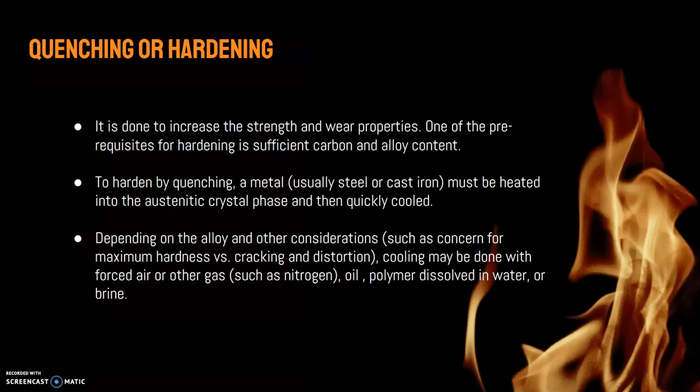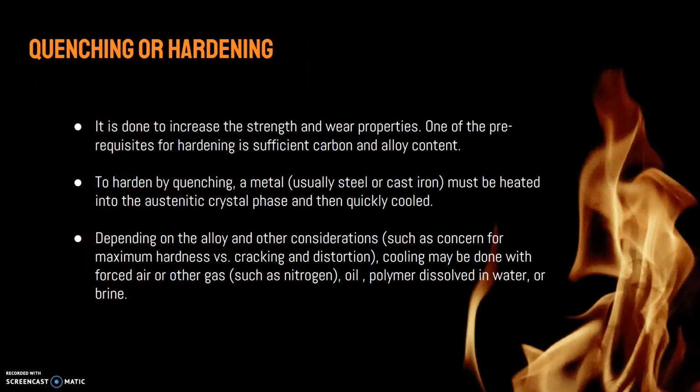Now, quenching increases the strength and wear properties. One of the prerequisites for hardening is that the steel has to have sufficient carbon and alloy content. To harden it by quenching, a metal, usually steel or cast iron, must be heated into its austenitic crystalline phase, then quickly cooled down.